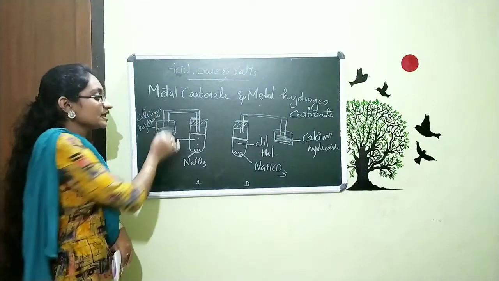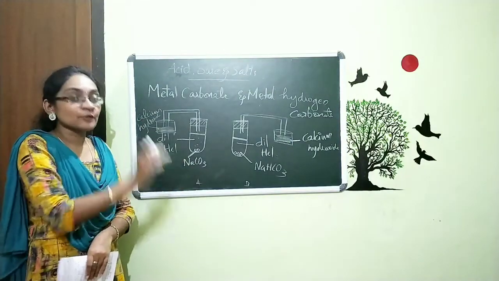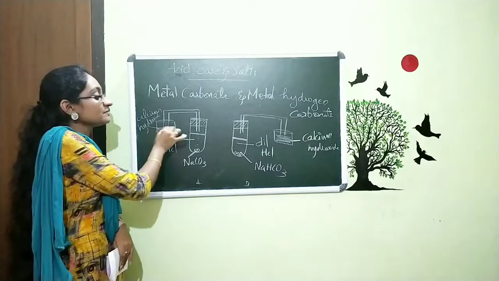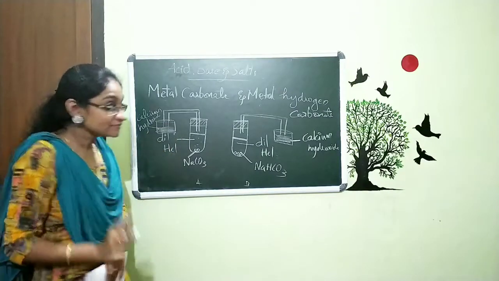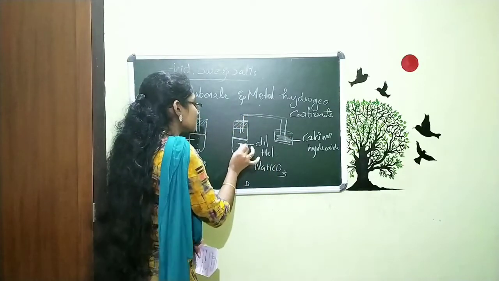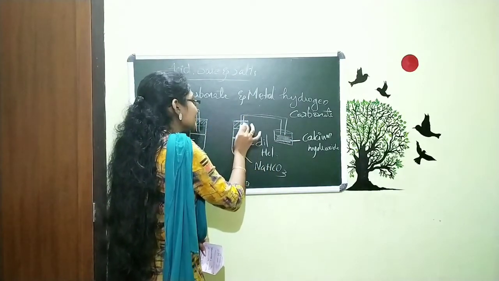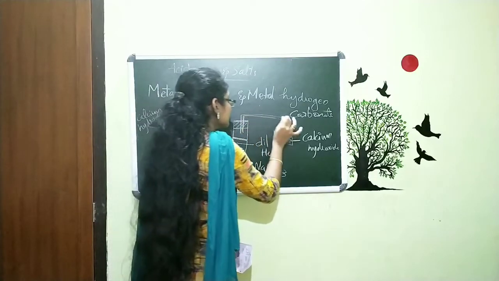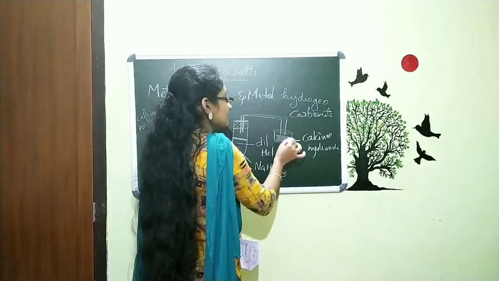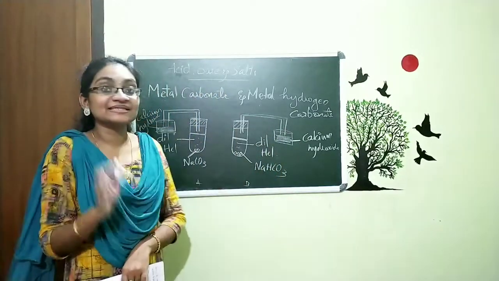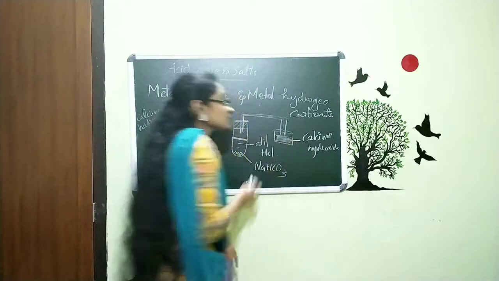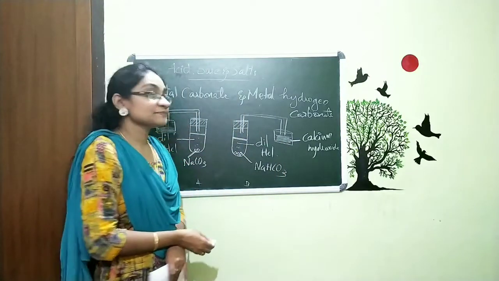That means they produce a certain type of precipitate. That's why it becomes milky. The same thing happens here also. You can see bubbles form there, and the gas is traveling through this tube and finally reaching this beaker, that means the lime water, and also you can see the milky color, that means a certain white precipitate.